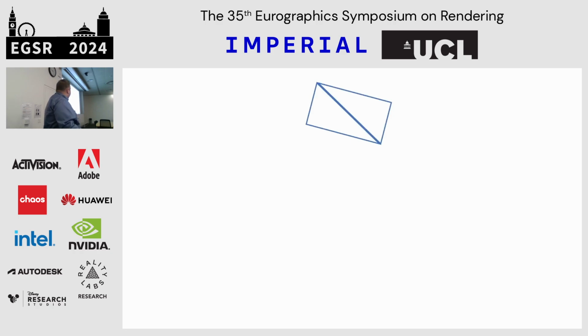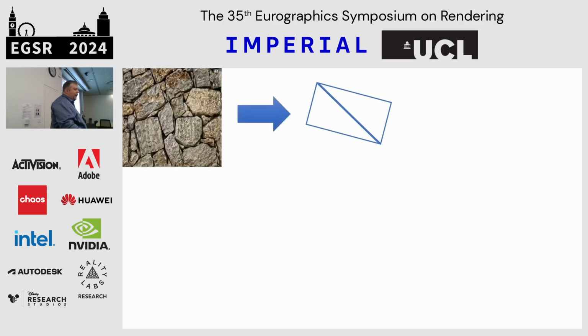So our approach is that we render a simple geometry. For simplicity, we used a two-triangle quad, and we apply a texture to it, very classically.